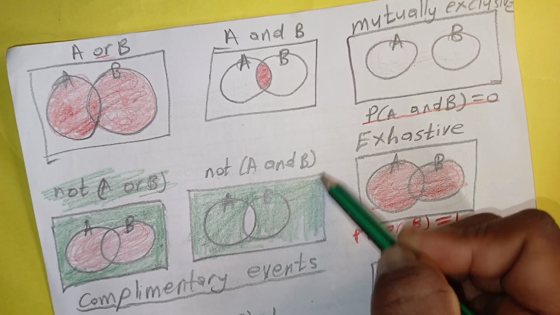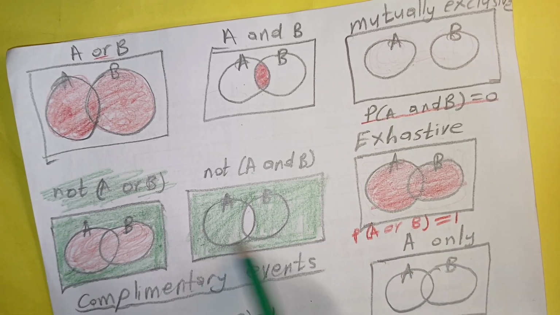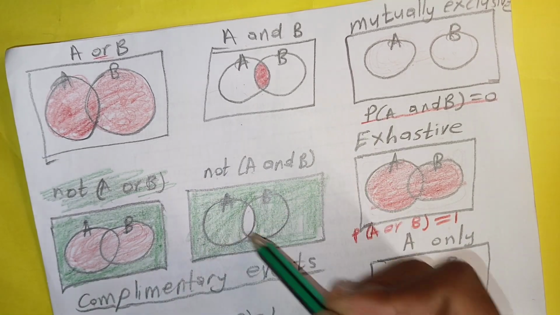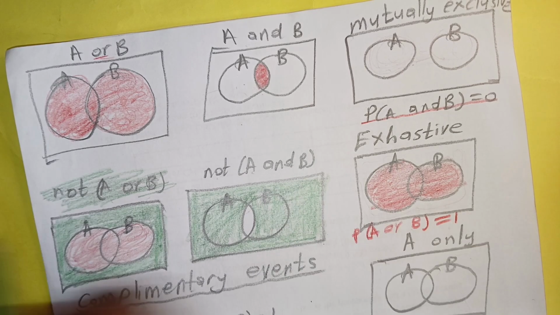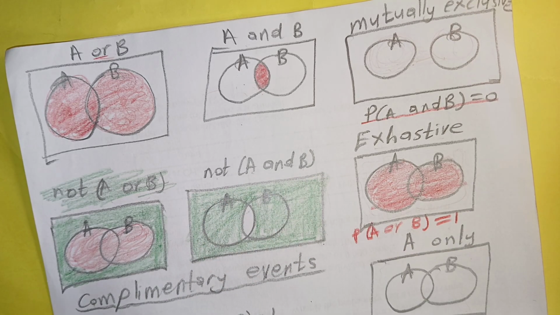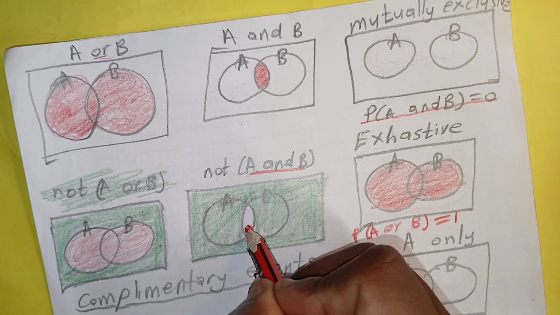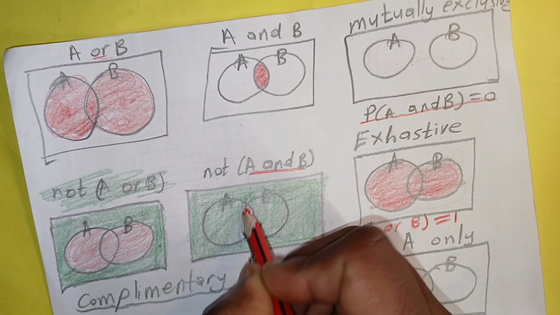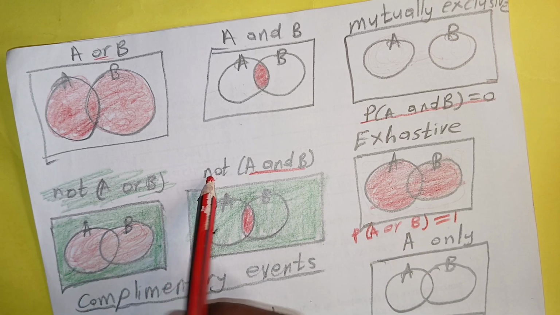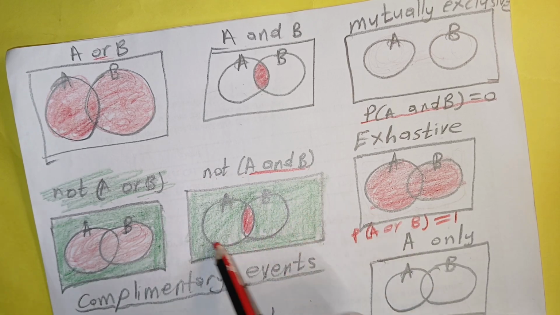When it's not A and B, they talk about this part, all the part which is outside. The moment they say A and B, they talk about the intersection. But if it's not A and B, they talk about what is outside.